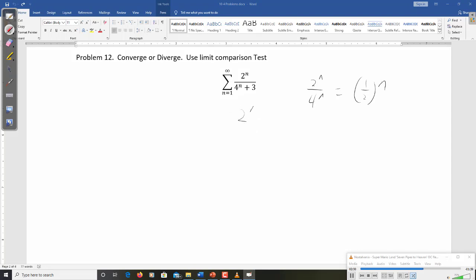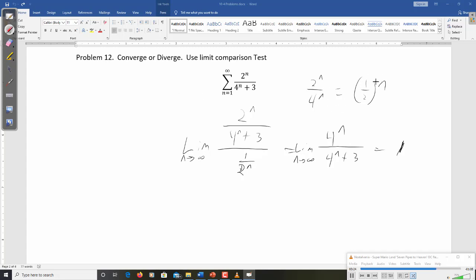So if we do that division, 2 to the n over 4 to the n plus 3, it doesn't really matter whether you put your new one on the bottom or the top. Flip and multiply, you'll get 4 to the n over 4 to the n plus 3. And once again, this will go to 1. So they do have the same convergence or divergence.